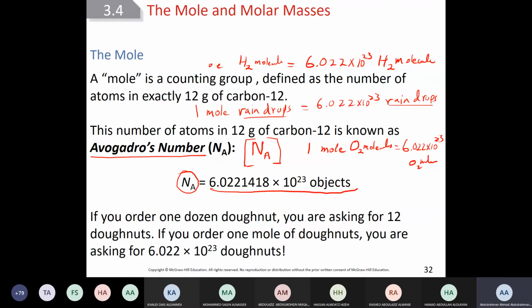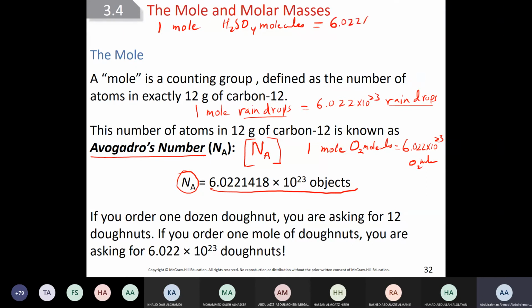Now, let me give you another example. If I have 1 mole of H2SO4 molecules, then this is how many molecules? 6.022 times 10 to the power 23 molecules.